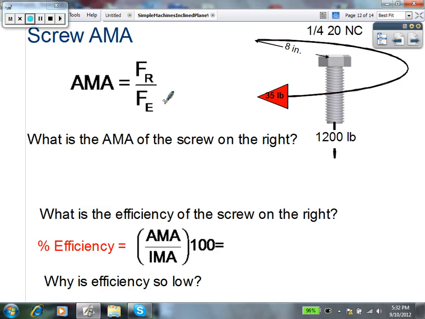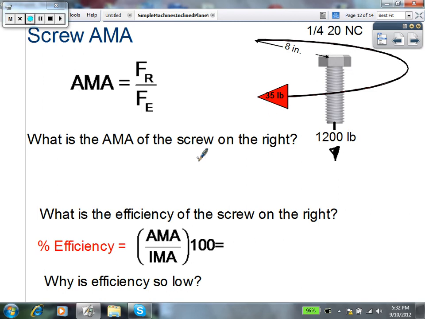So let's look at an example of the actual mechanical advantage for this. Notice the force due to the resistance is going to be 1,200 pounds. Basically what it's saying is that if I wanted to push this down through a piece of material, it would take 1,200 pounds worth of force just directly down in order to move it. However, by rotating it using our 8-inch long wrench, it only requires us to apply 35 pounds of effort force.